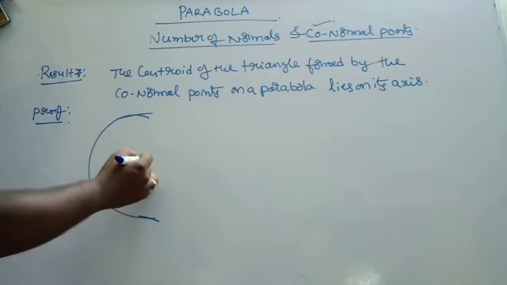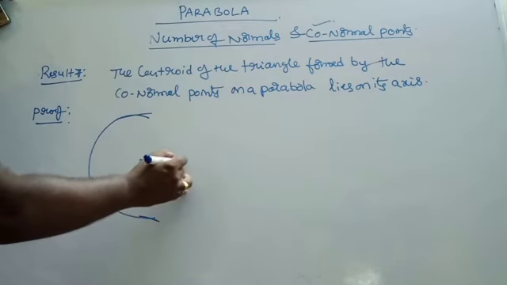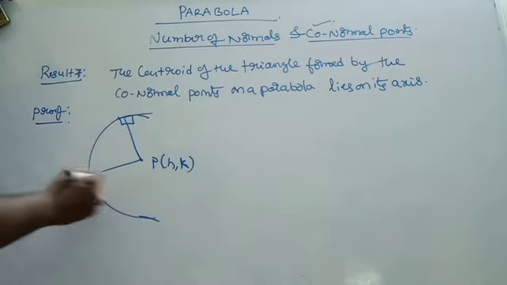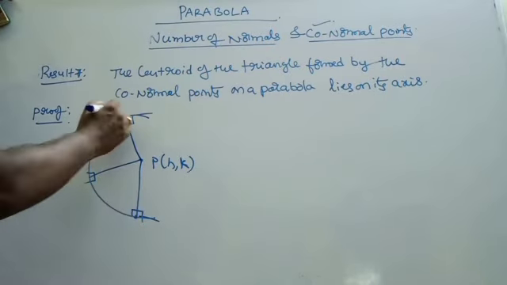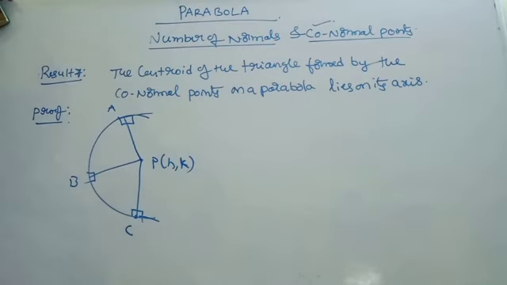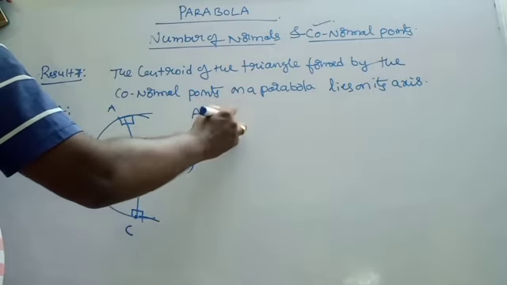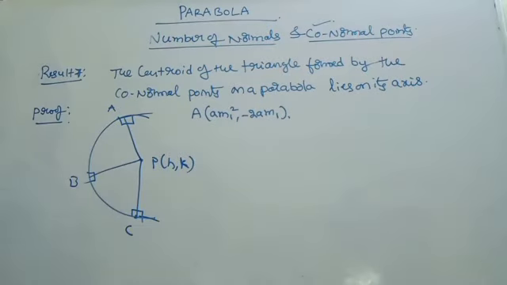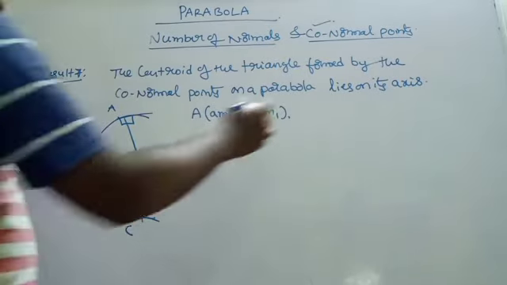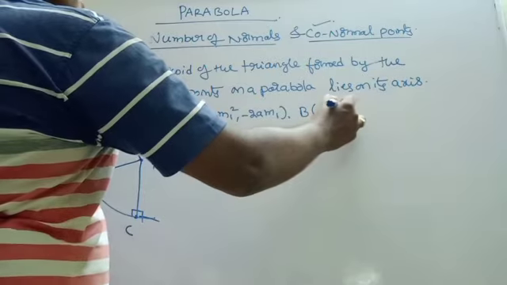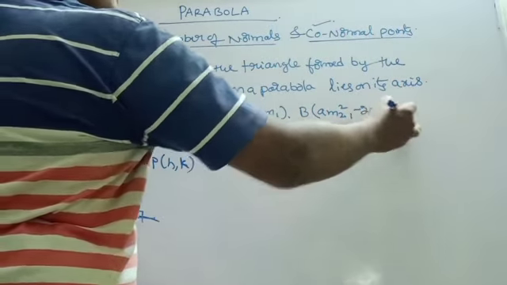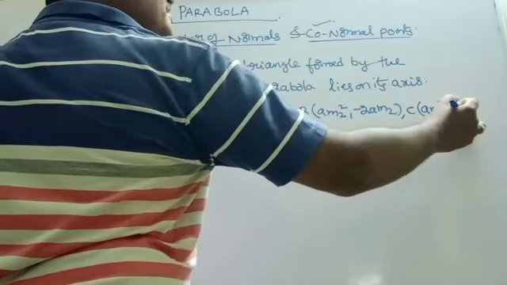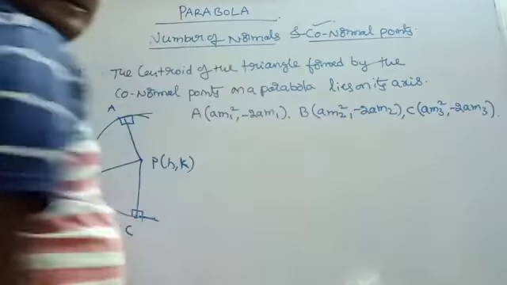I told you that if you have one point P(h, k), you can pass three normals, and their feet you call co-normal points A, B, C. A is (a m1 square, minus 2a m1), B is (a m2 square, minus 2a m2), and C is (a m3 square, minus 2a m3). These are the things.